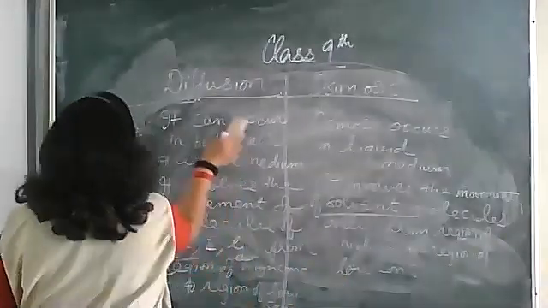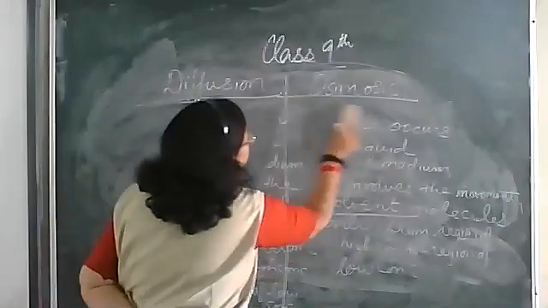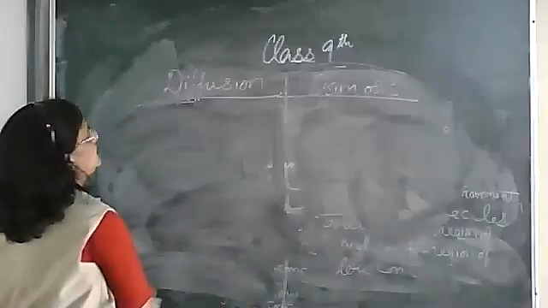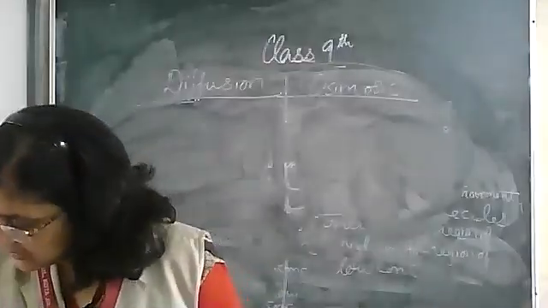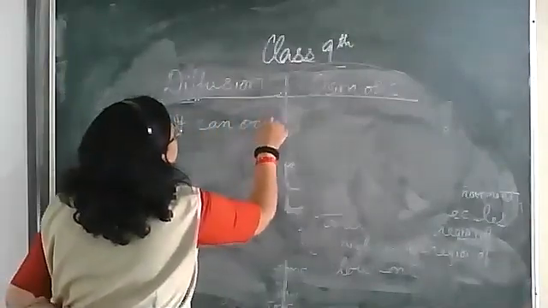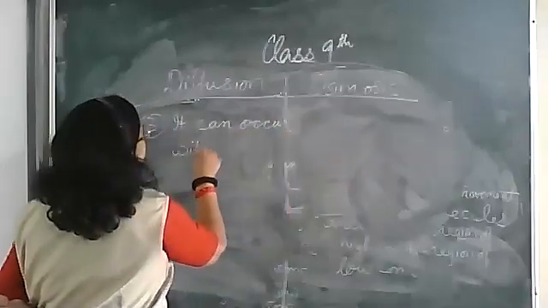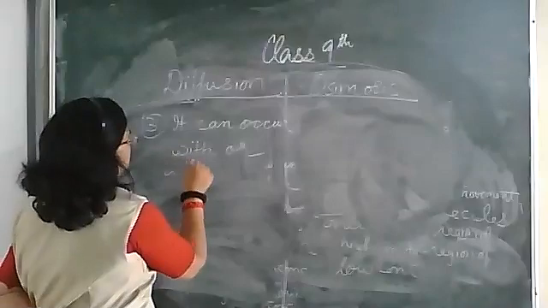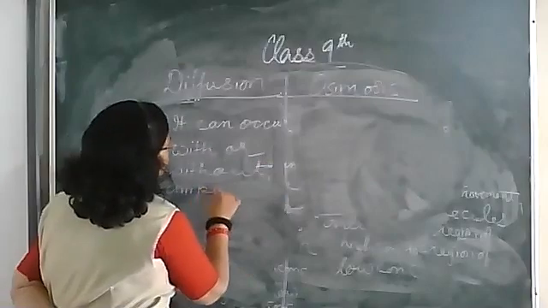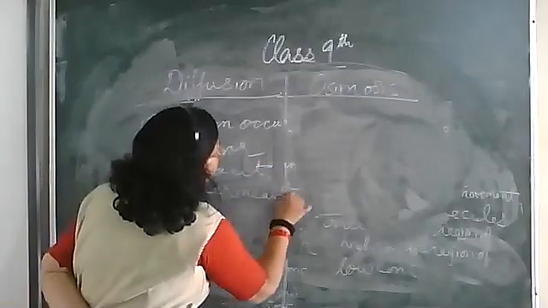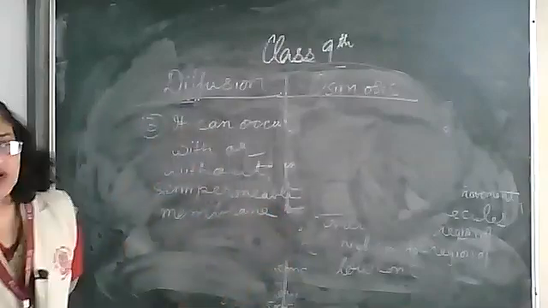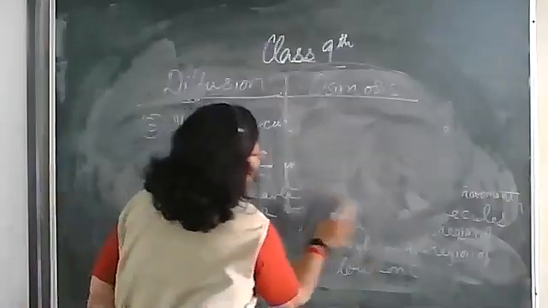Then the third point. Under diffusion: it can occur with or without a semi-permeable membrane.